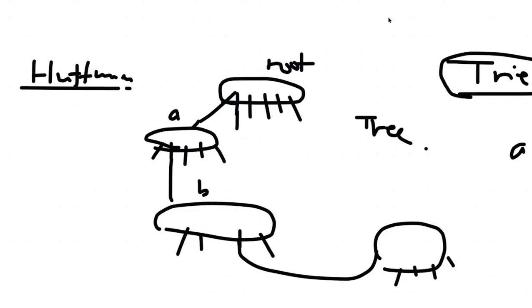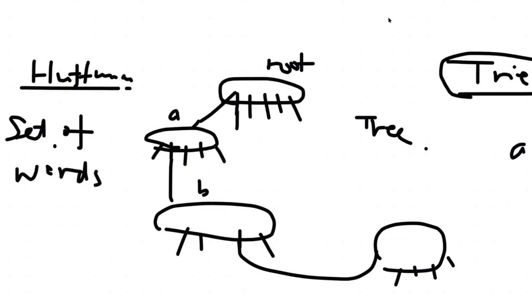So a trie by itself is a set of words, so it can be used to load many words into the tree. It can also be used to store the whole dictionary within the tree.